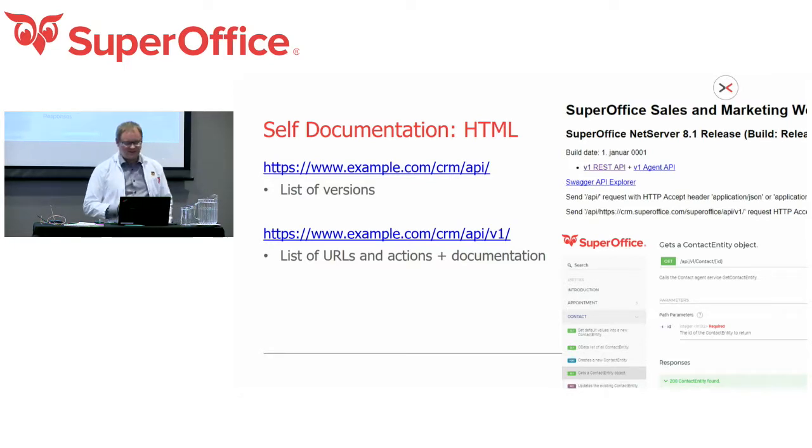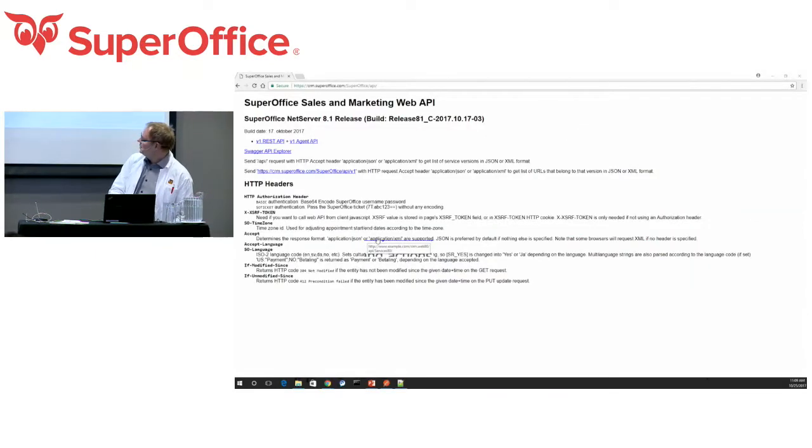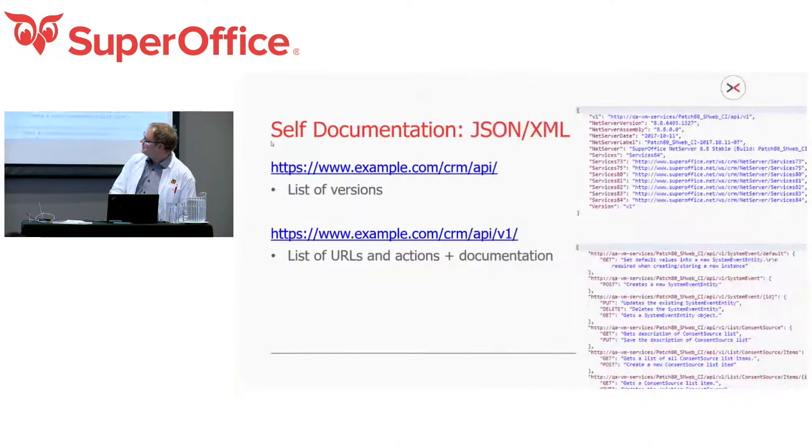So it documents itself. You saw, if I go to the endpoint, I get a little web page that shows me a list of versions. And if I hit the endpoint for a particular version, I can get more documentation.